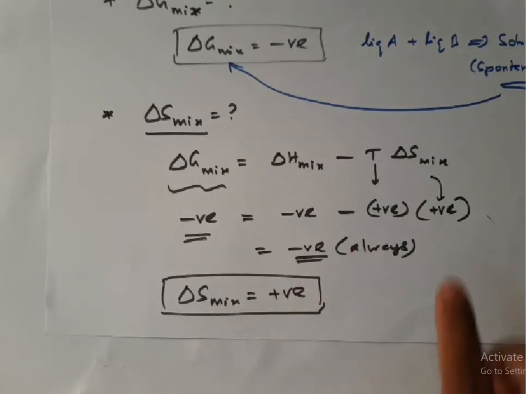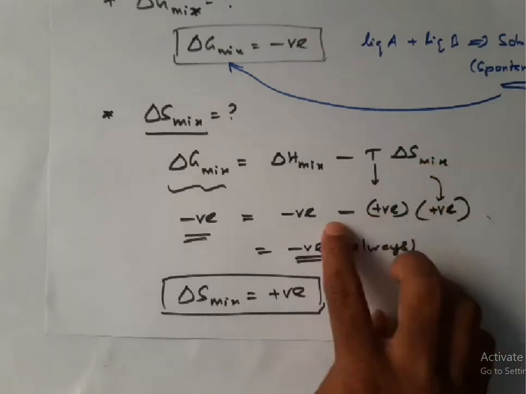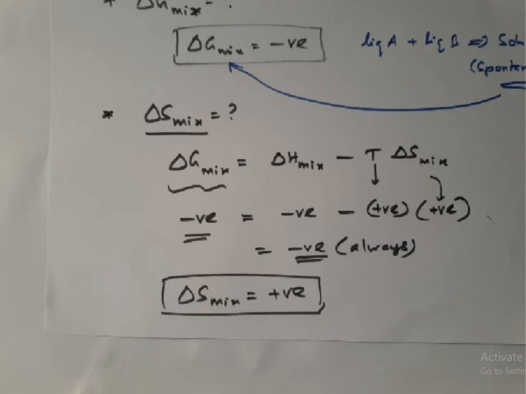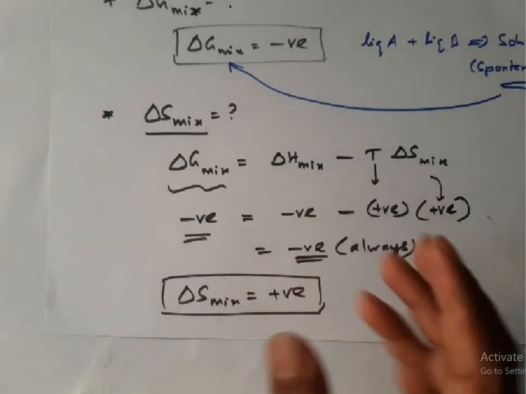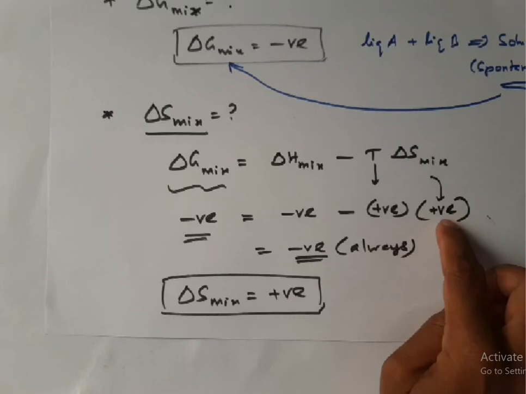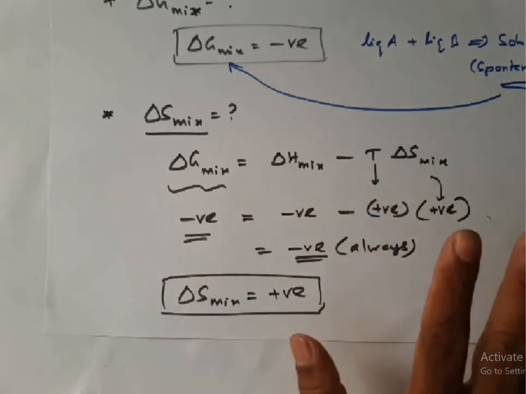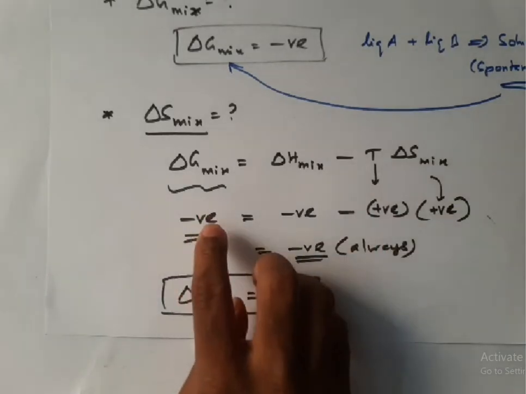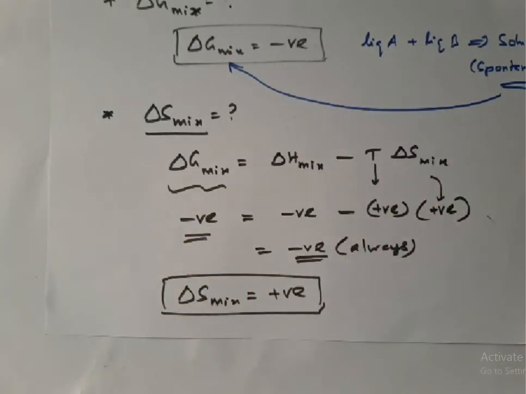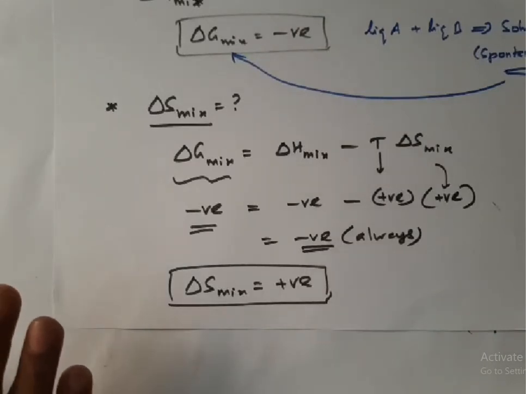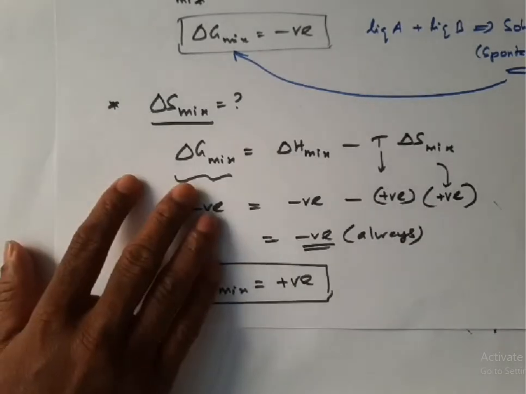If delta S mixing is negative, then you have to see the magnitude and decide. That is a somewhat tough task. So what we usually take is delta S positive, because if this is positive, then the mixture always shows negative deviation. Simple. Students, is this clear? Any doubt? If you find any difficulty, you tell me.